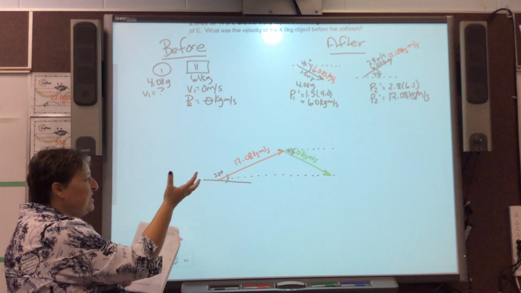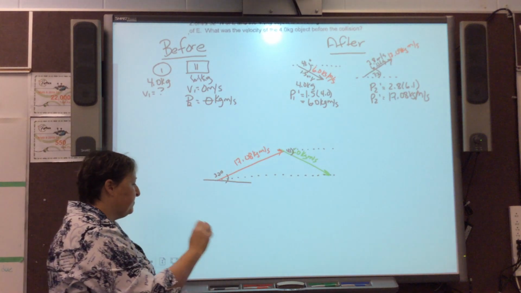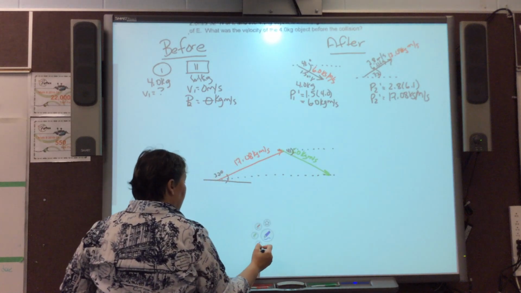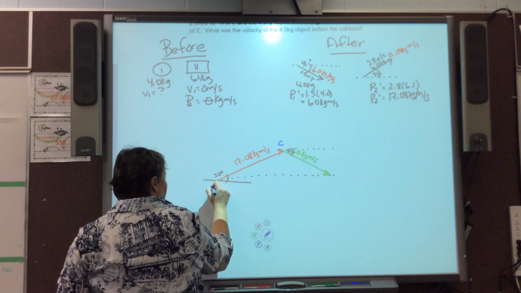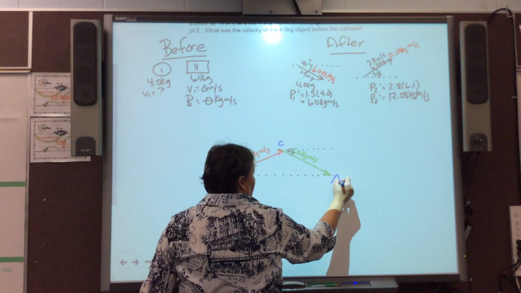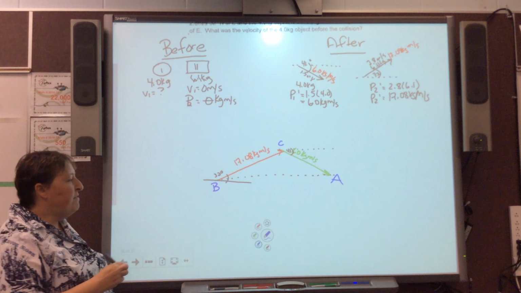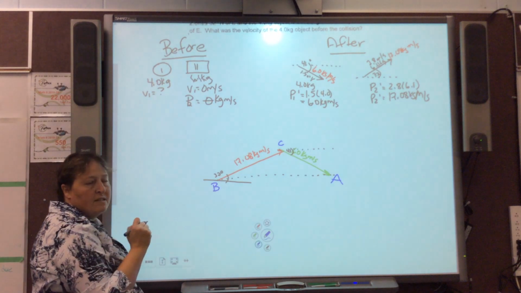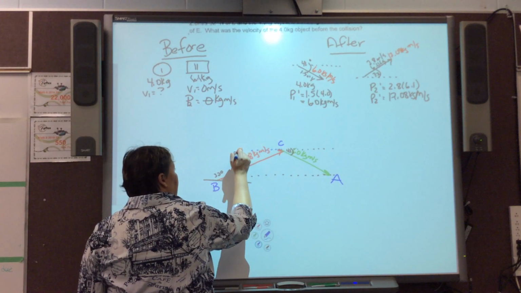Okay, what can we do with these pieces of angle information? If this angle here is 32 degrees, the one on the other side is 32 degrees too.